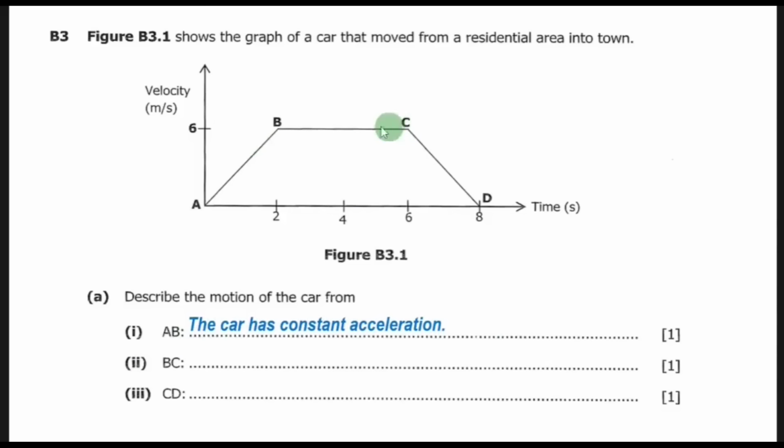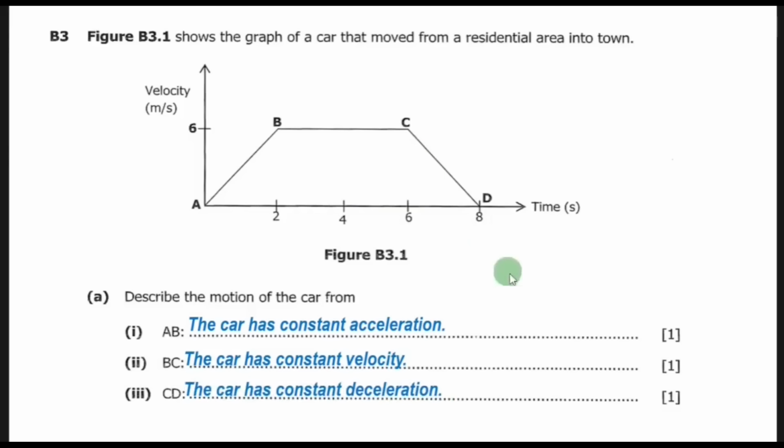Then BC, I said this one represents constant velocity. Where there's constant velocity, there is actually no acceleration. So BC represents constant velocity. Then CD, we say this is constant deceleration, so the car has constant deceleration here.